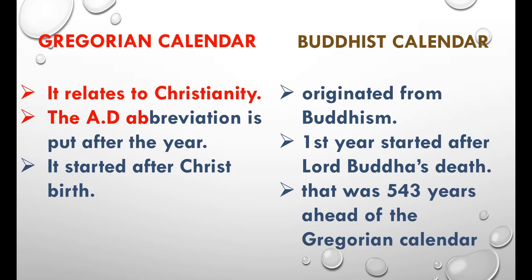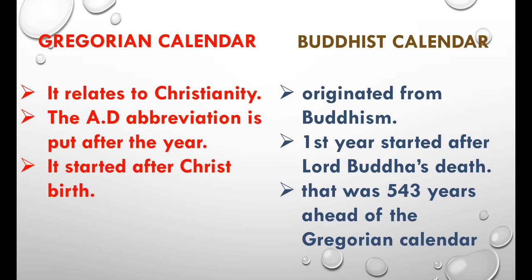Next, the AD abbreviation is put after the year. The Gregorian calendar uses AD abbreviation. What is the meaning of AD again? AD stands for Anno Domini, meaning in English, in the year of our Lord. Next, it started after Christ's birth.